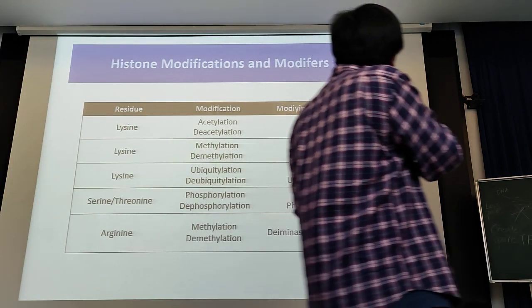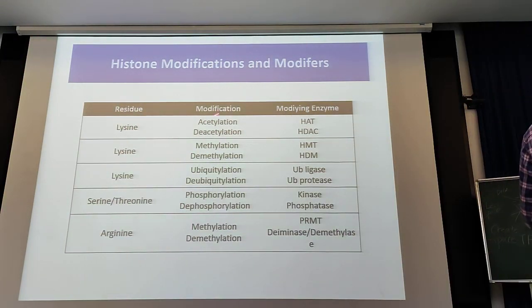And we'll see the difference of histone modification takes place by different enzymes. For example, acetylation is carried out by HAT, which stands for histone acetyltransferase, and deacetylation is carried out by HDAC, which stands for histone deacetylase.